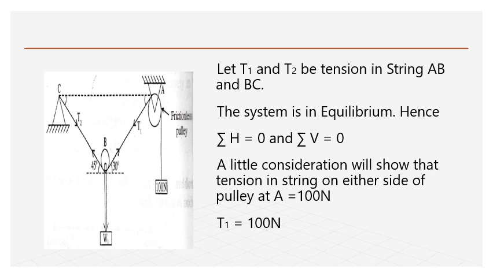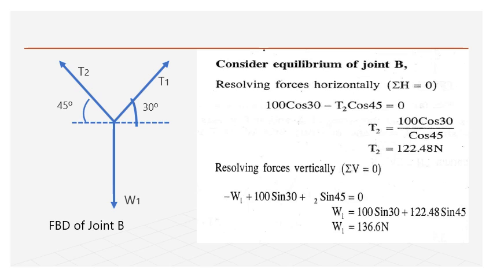So tension on either side of the pulley would be one and the same, that is 100 Newton on both sides. T1 is also 100 Newton, right? So the free body diagram of joint B has three forces: T2, T1 and W1. T1 we know; W1 and T2 we have to find out.